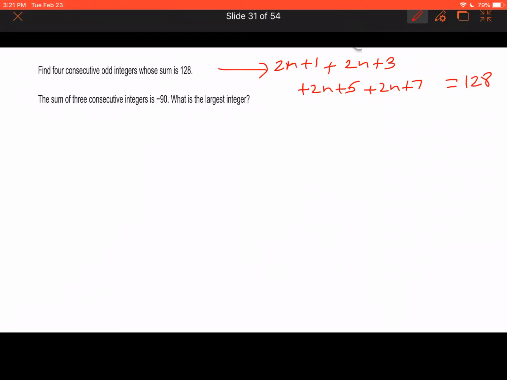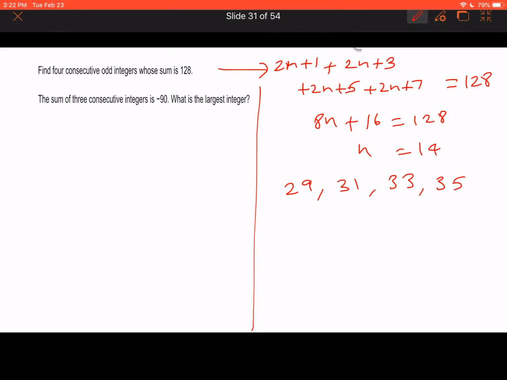So it is 8n plus 16, which is equal to 128, and n is equal to 14. So the first number is 2n plus 1, that is 2 into 14 is 28, 28 plus 1 is 29. The next numbers are 31, then 33 and 35, the four consecutive odd integers.